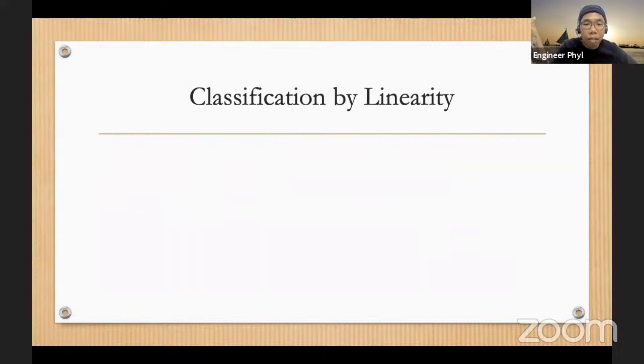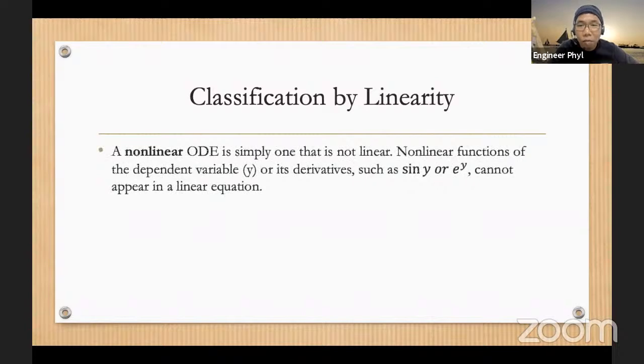Now let's have some examples. Before that, we also have nonlinear functions. Examples of nonlinear functions are trigonometric functions, sine of y, cosine of y, and exponential functions also. An ordinary differential equation is said to be nonlinear if it contains these functions.